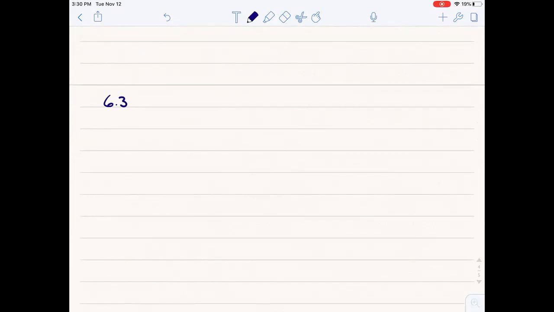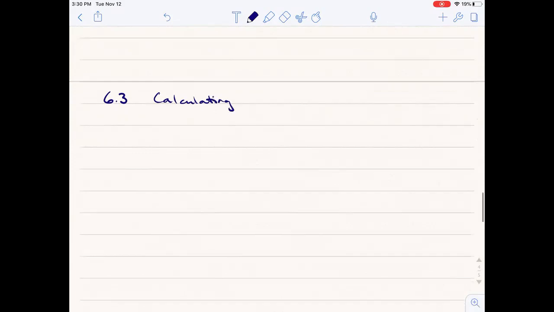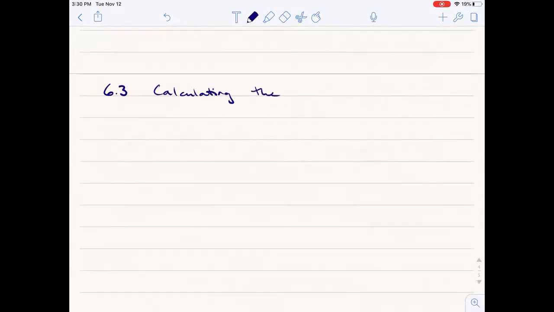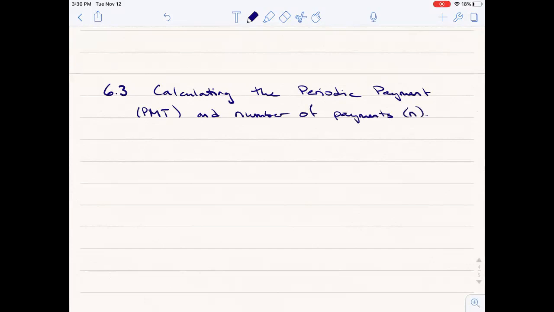So 6.3 is calculating the periodic payment, so solving for PMT, and number of payments.